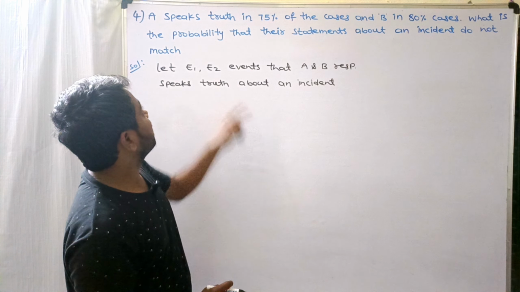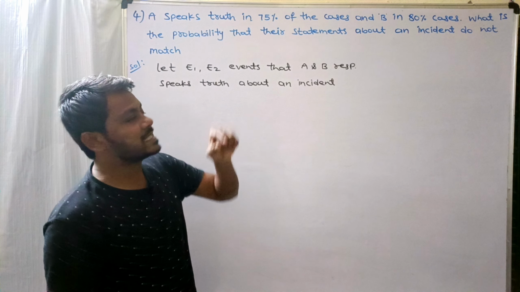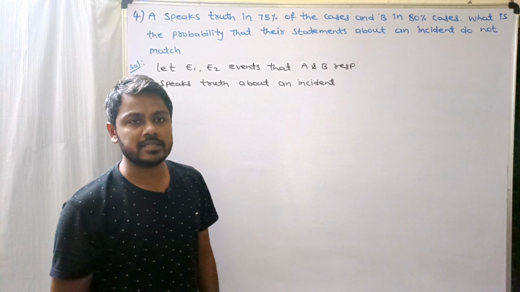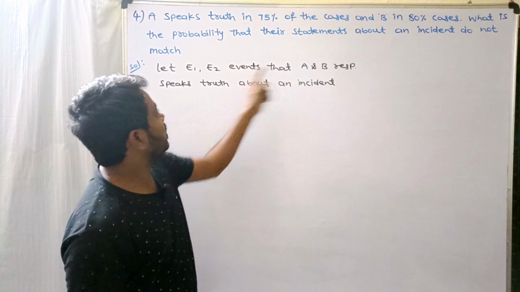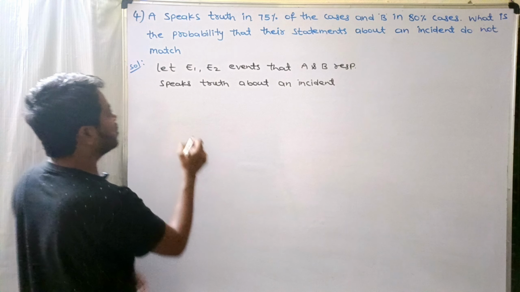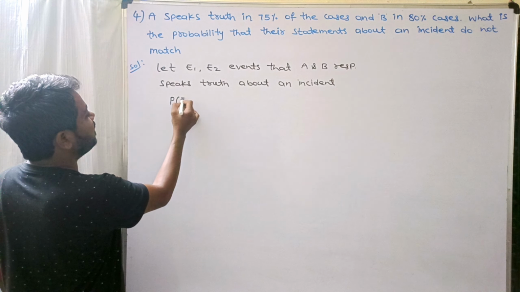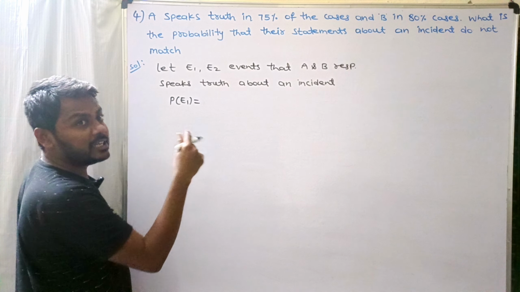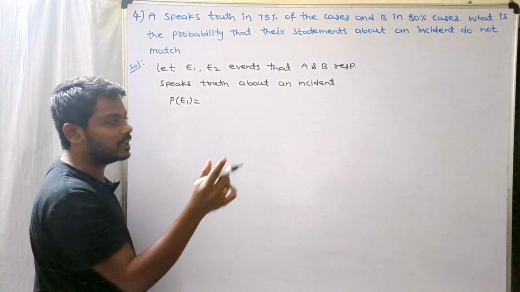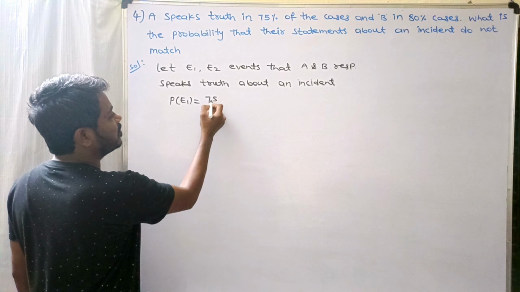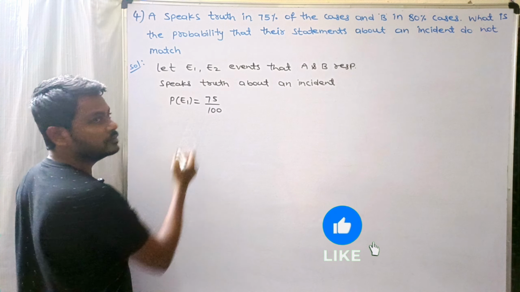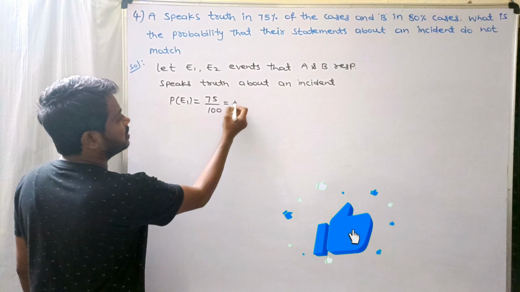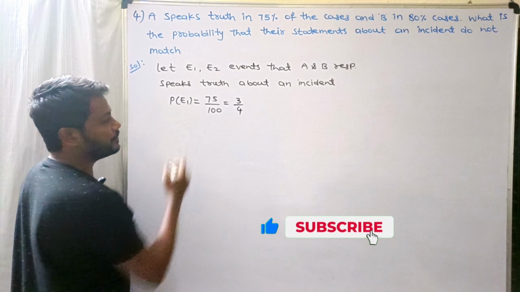Given that A speaks truth in 75% of the cases, so what is A? Event E1. So clearly, what is P of E1? 75 out of 100, that is 75 by 100, which is 3 by 4.